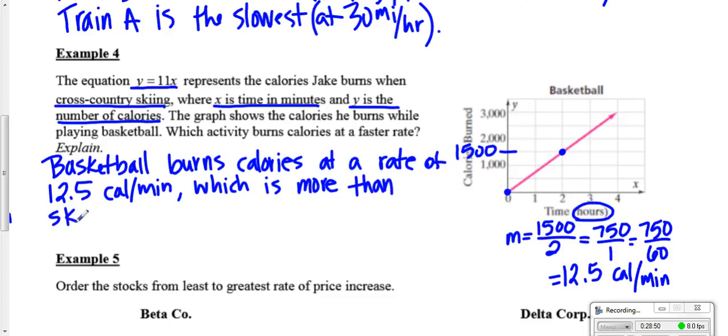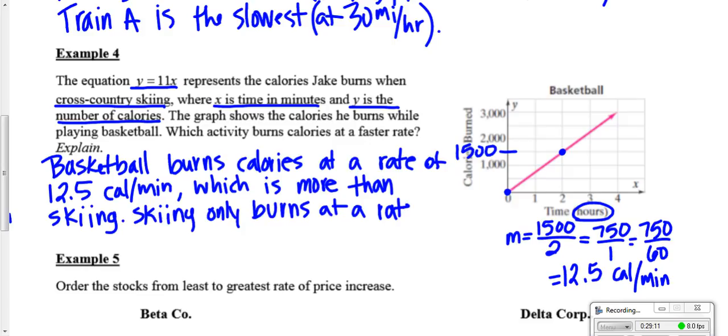We can't just say that it burns more calories. We are comparing two different sports, and so we're saying it's more than the other sport, than skiing specifically. And then skiing only burns at a rate of 11 calories per minute.